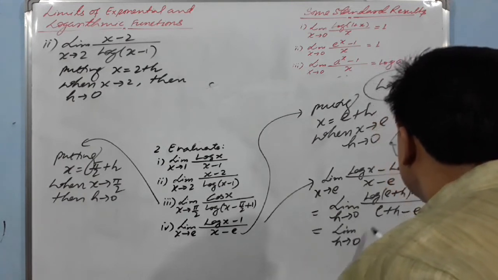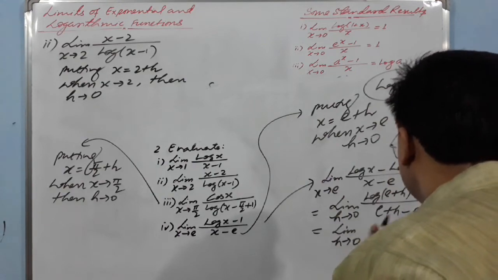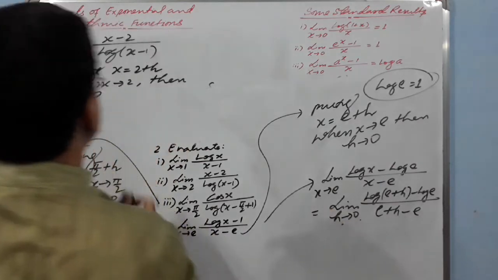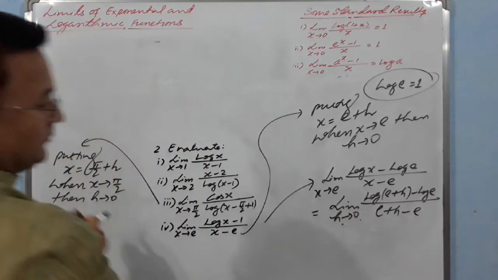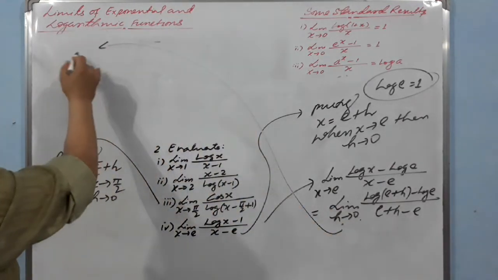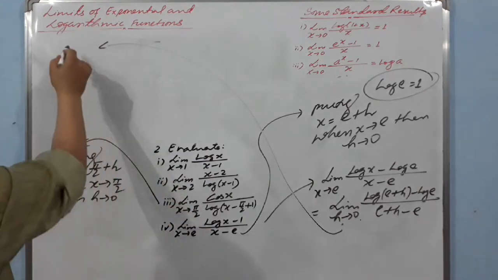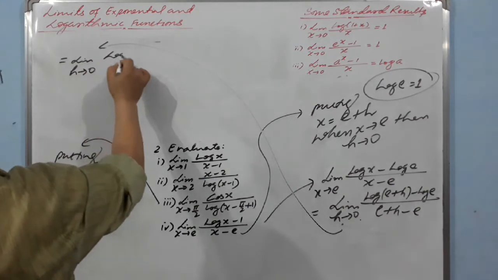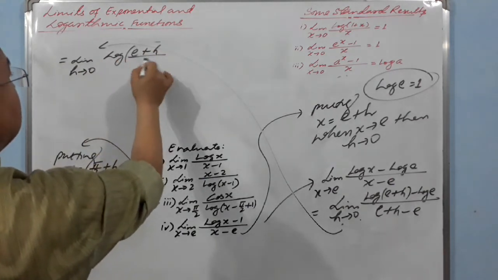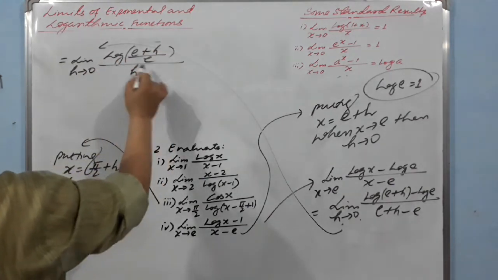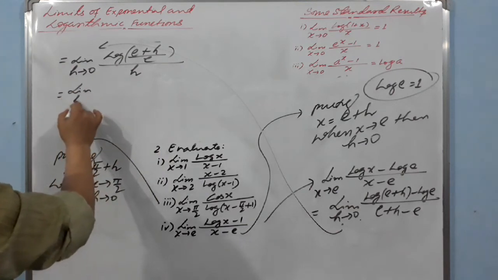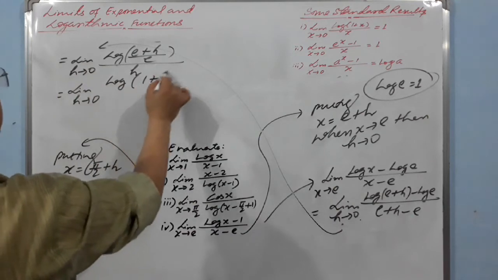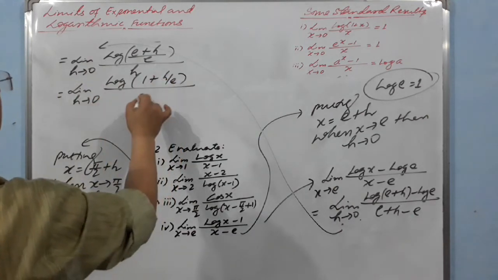Limit as h tends to 0 of log of e plus h by e over h, which is the limit as h tends to 0 of log of 1 plus h by e over h.